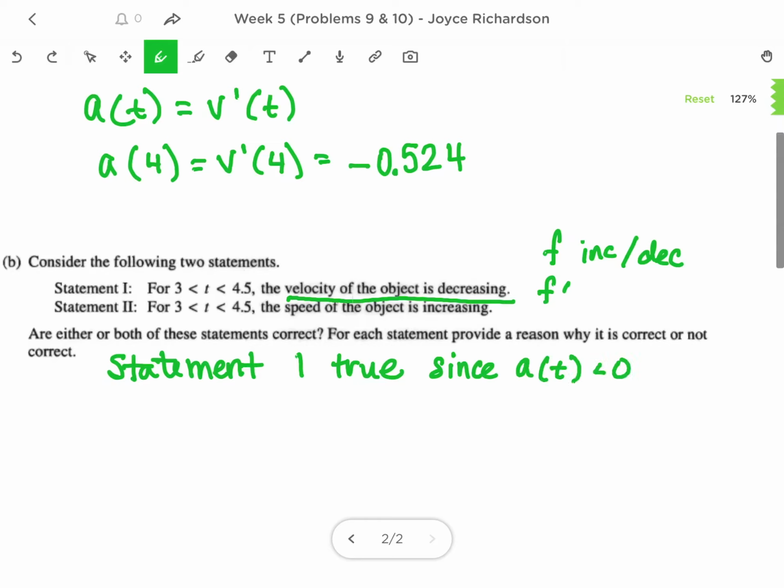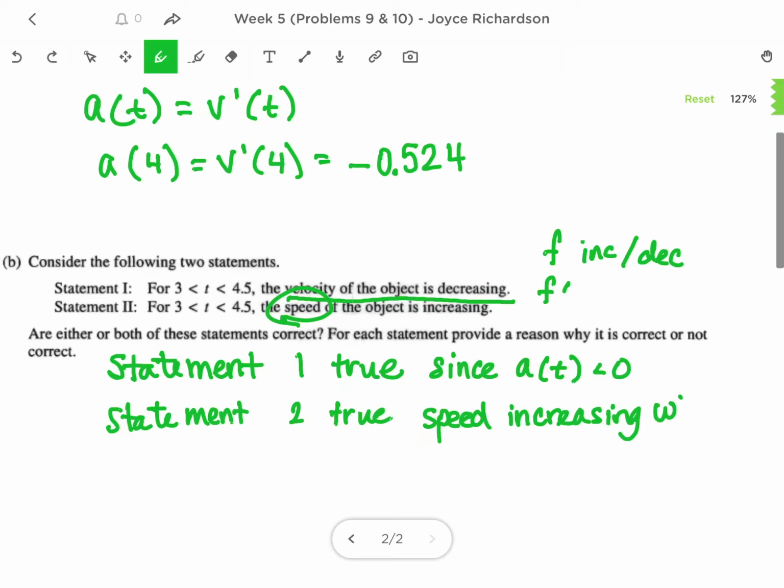Statement 2 is true. Why is statement 2 true? If you're going to talk about speed, speed is increasing when both acceleration and velocity are the same sign.